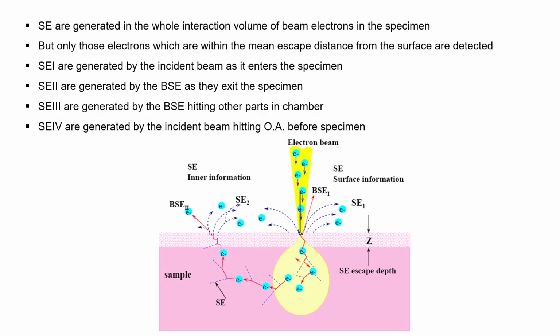The electrons which are directly emitted from here will be known as the back secondary electrons, and the secondary electrons will be the ones coming from this region, and they are coming out.